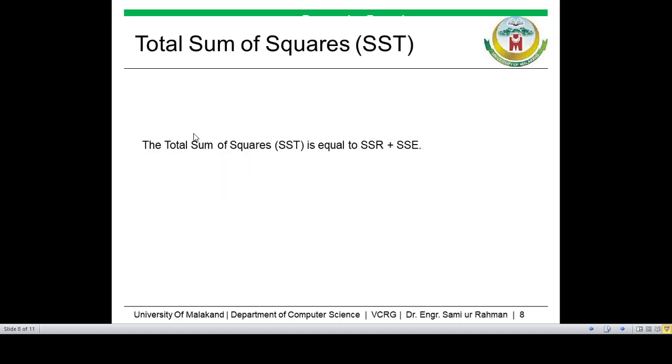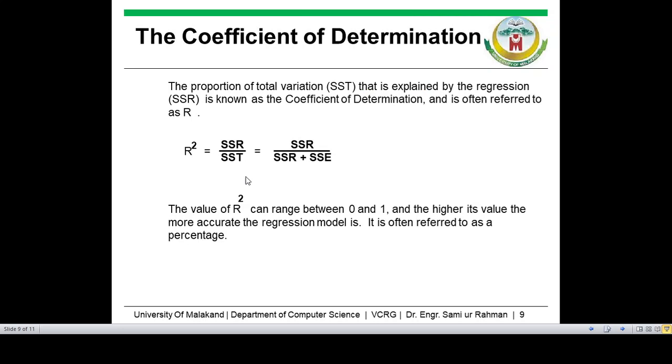The total sum of square, SST, is equal to SSR plus SSE. SSR is the difference with the mean, and SSE is the difference between the actual observation and the predicted observation.